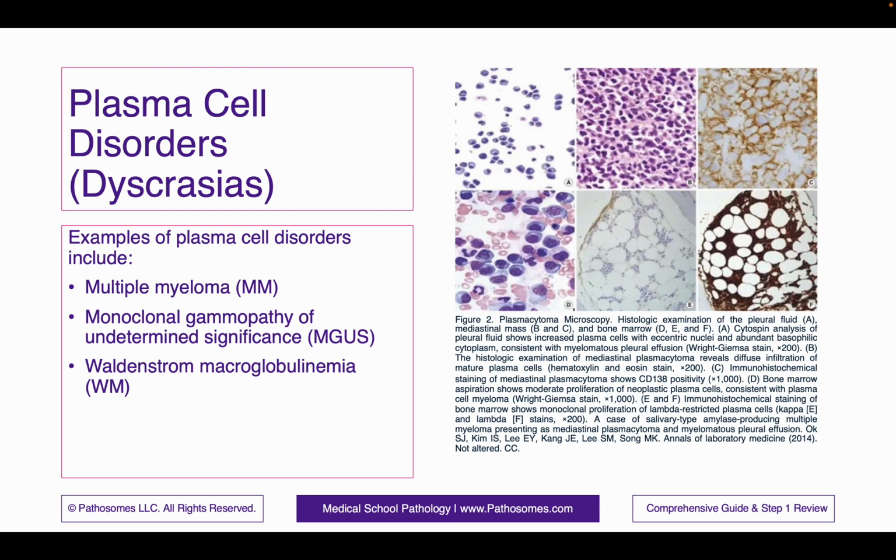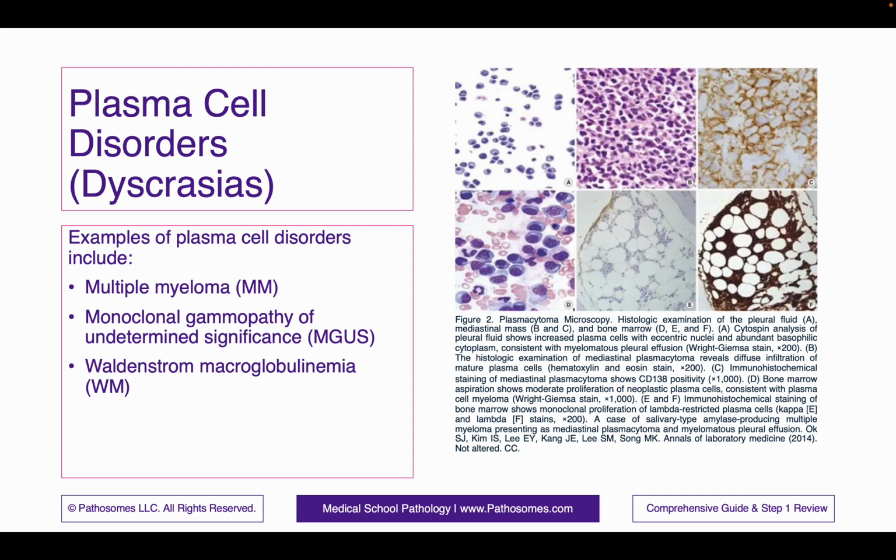Examples of plasma cell disorders include multiple myeloma, monoclonal gammopathy of undetermined significance, and Waldenstrom macroglobulinemia.